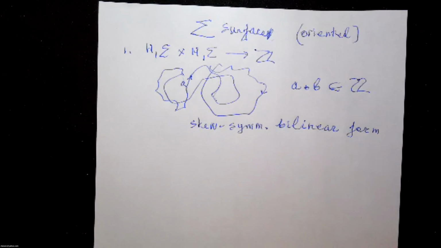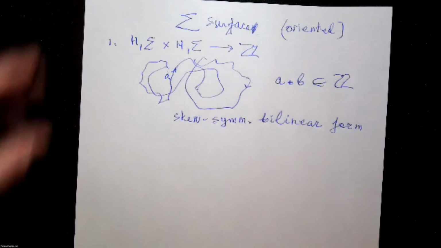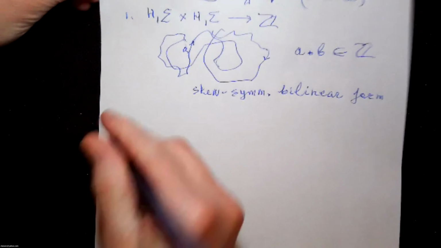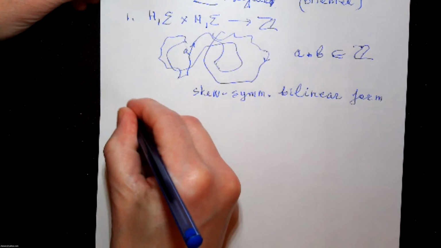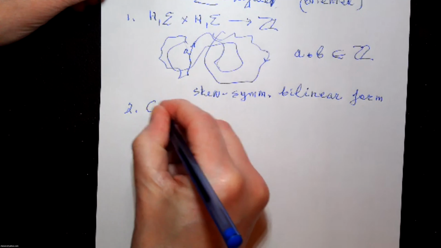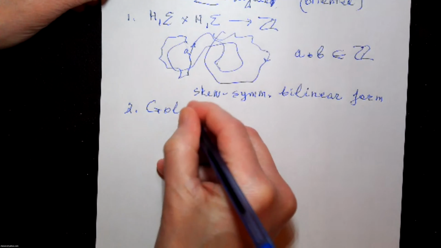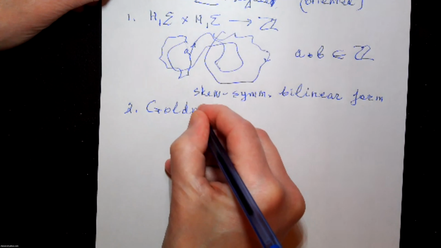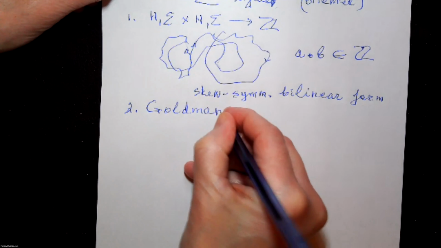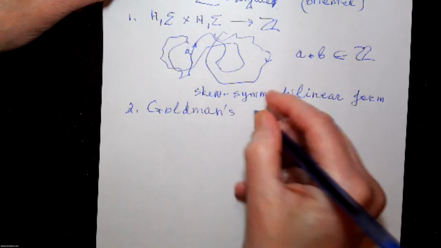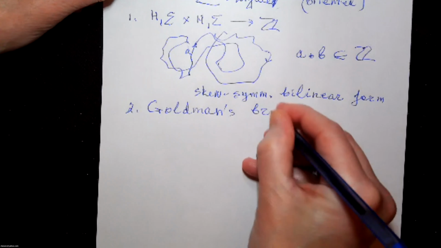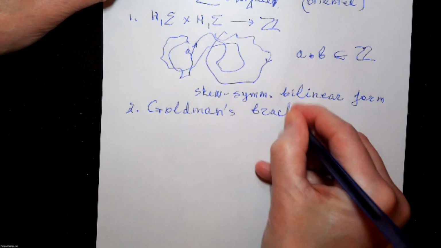Now, a more interesting one, specific to dimension 2, is the so-called Goldman's bracket. So it appears only in surfaces.